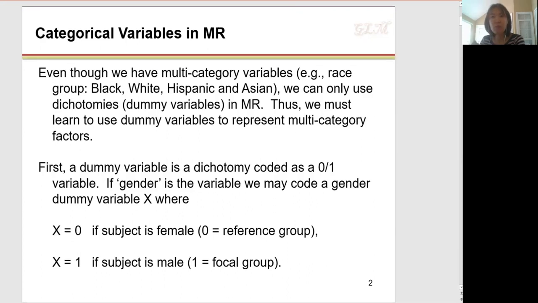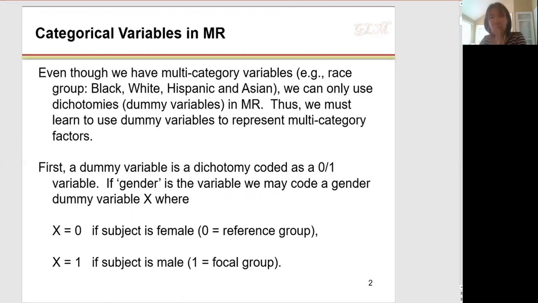So if you have only 2 options, are you black? Yes. If you are not black, then you say no. So black and others. That is one dummy variable. Are you white? And non-white.